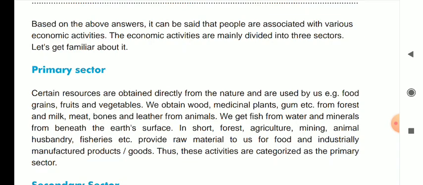These provide us raw material for food and industrially manufactured products or goods. Thus, these activities are categorized as the primary sector, the basic sector.